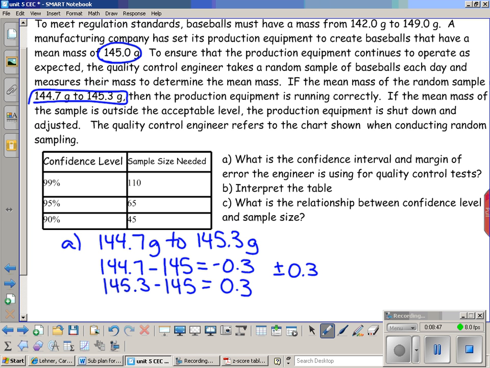So it's important to note, we haven't changed our margin of error. Our margin of error is still plus or minus 0.3. What we are changing is our confidence levels. So to have a greater confidence, you need to use a larger sample.